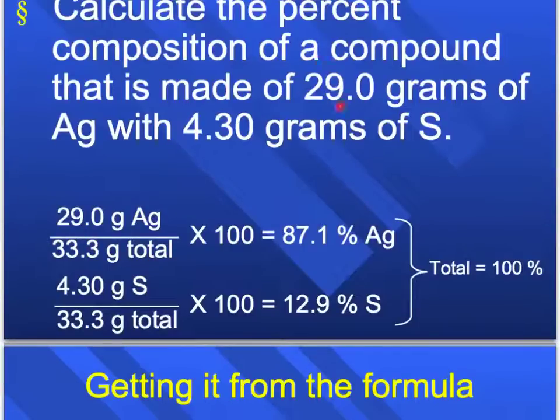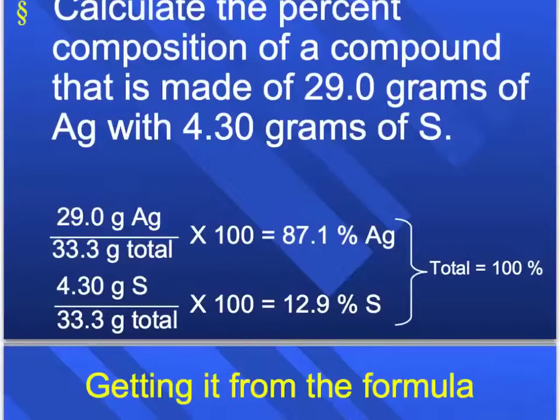You just take this value, 29, plus 4.3, and that gives us 33.3 grams, so there's our total. Multiply it by 100, and for our silver sulfide, we have 87.1% silver. Then you just simply take the mass of the sulfur, divide it by the total, multiply it by 100, and we come up with 12.9% sulfur.